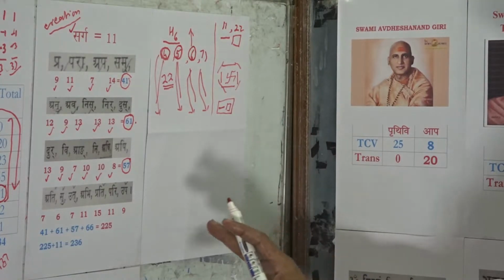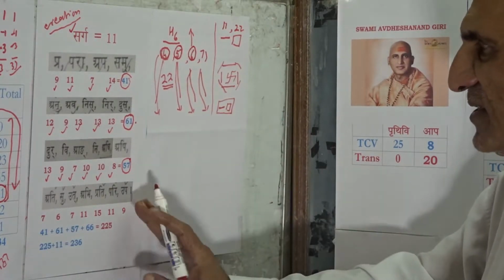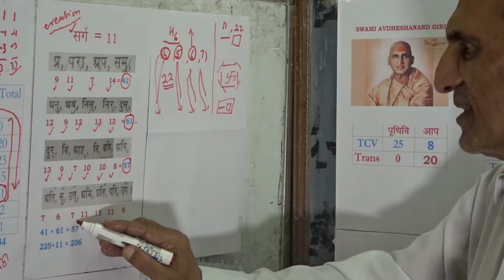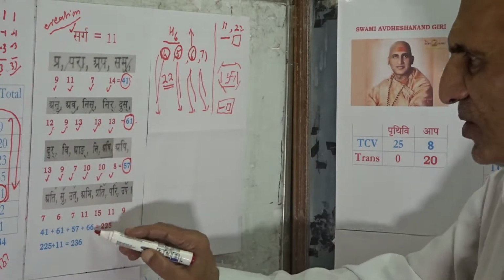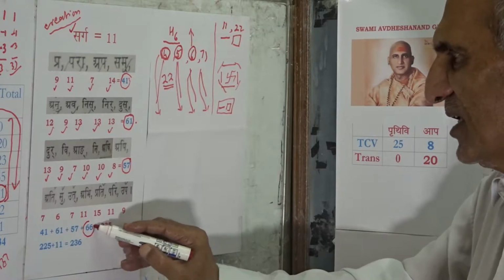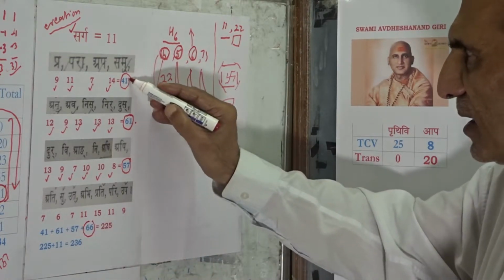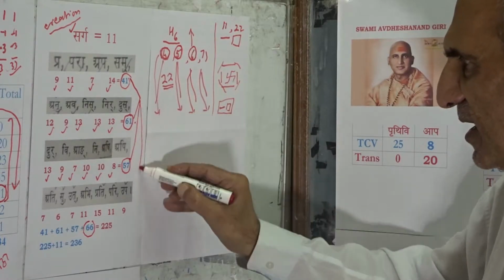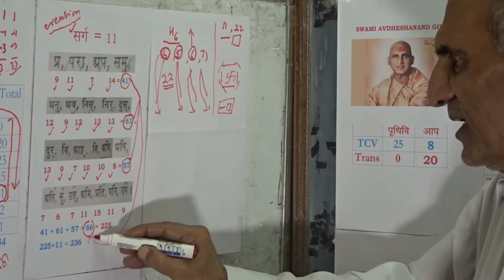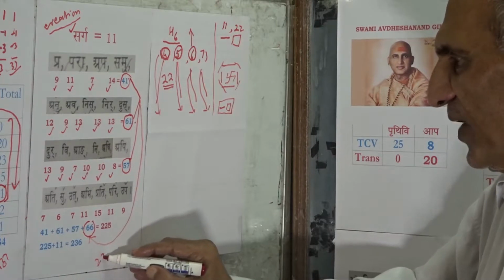The last and final fold is of 7 phases of value 7, 6, 7, 11, 15, 11, 9, making it a value 66. See, this quadruple phases 41, 61, 57 and 66 lead us to value 225.